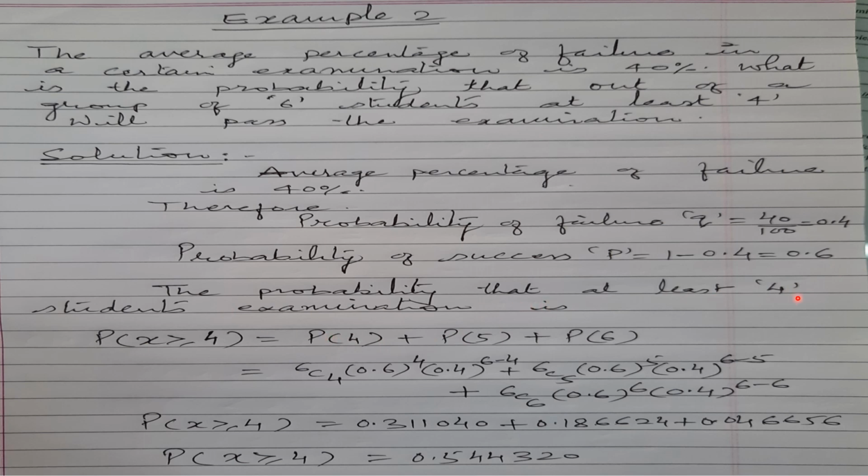The probability that at least 4 students pass the examination will be given by P(x greater than or equal to 4) equal to P4 plus P5 plus P6. Here you can calculate the probabilities P4, P5 and P6 by applying the binomial relation. And this comes to be 0.544320.